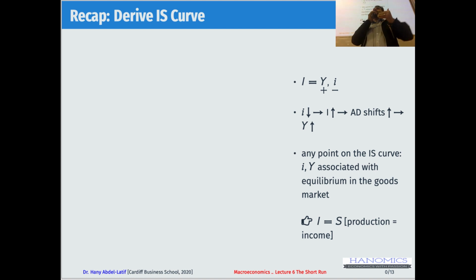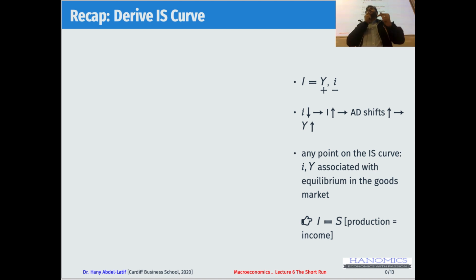So how would that affect aggregate demand? We know the components of aggregate demand: consumption, investment. So investment is there. Once investment responds to a change in the interest rate, we would expect the aggregate demand curve to shift either upward or downward, depending on how investment responds to the change in interest rate.